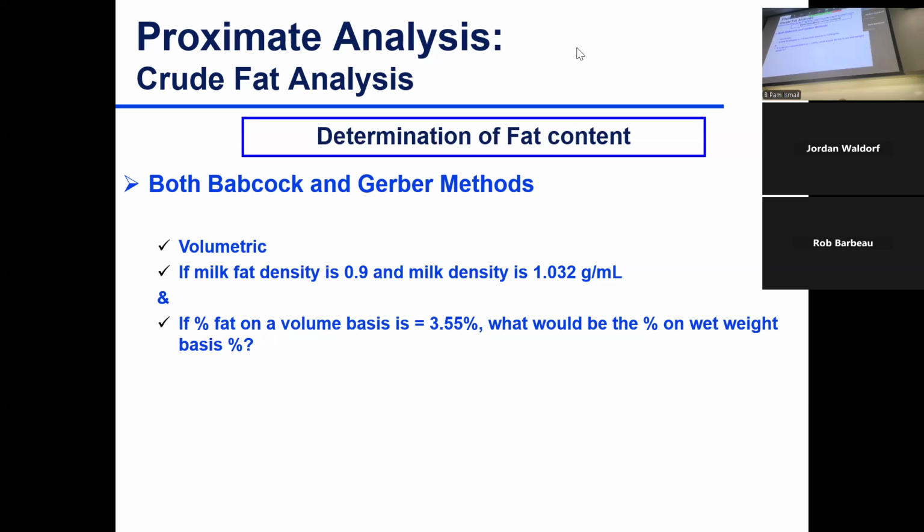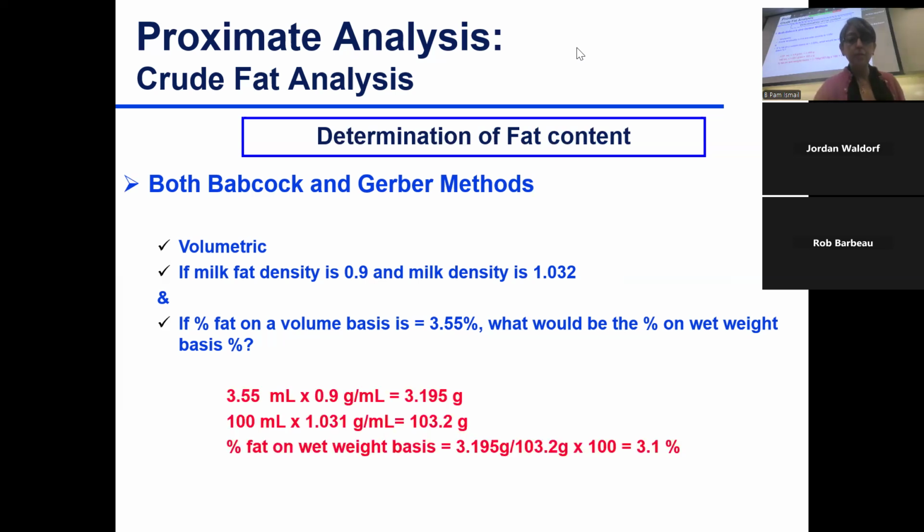So 3.195 in 103.2 grams times 100 would give me, what's the value? 3.195 divided by 103.2. 3.1%? 3.1. 3.1%. All right. Do you want me to repeat anything? Let me know.